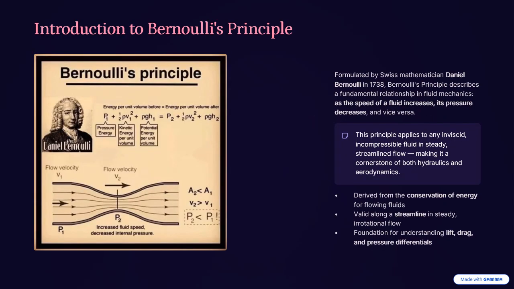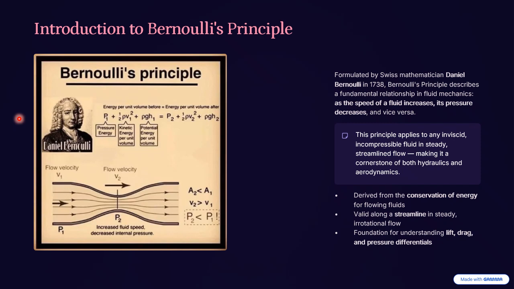So let us start with the basic introduction to Bernoulli's principle. Bernoulli's principle was introduced by the scientist Daniel Bernoulli in the 18th century. This principle mainly deals with fluids in motion. The word fluid includes both liquids and gases, so air can also be treated as a fluid.